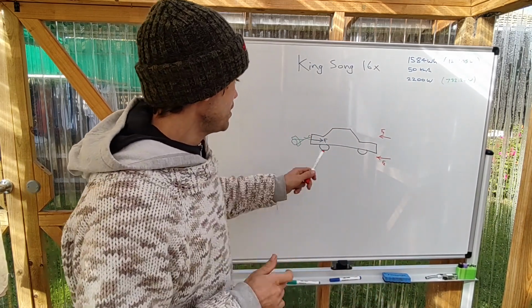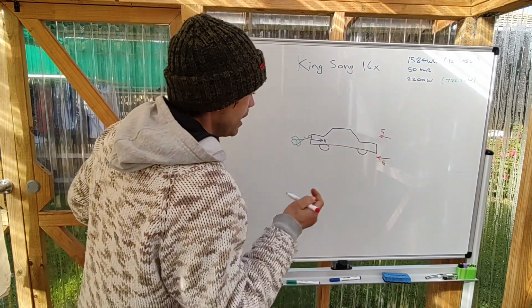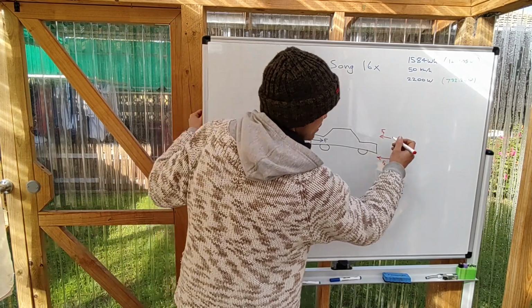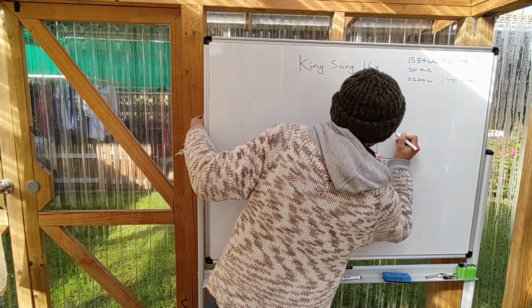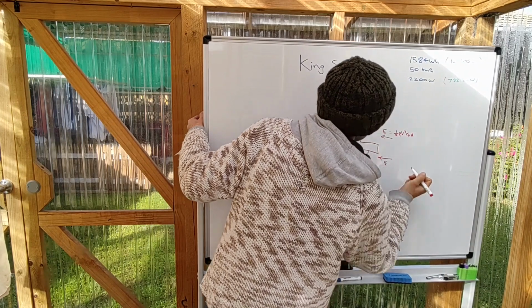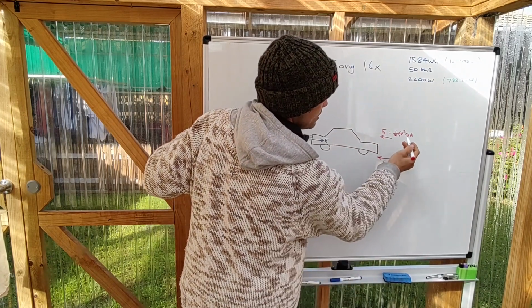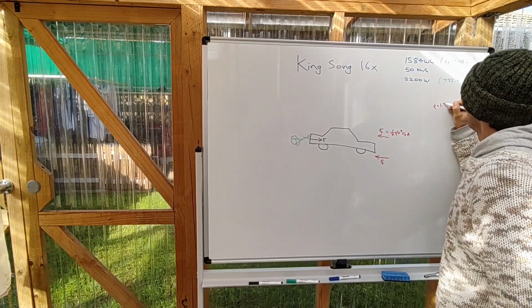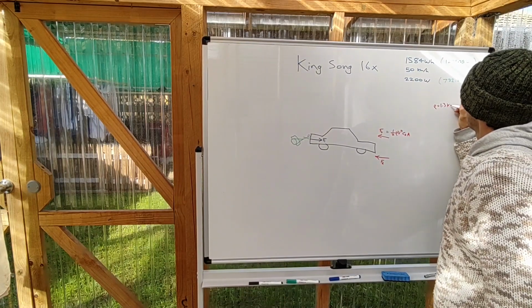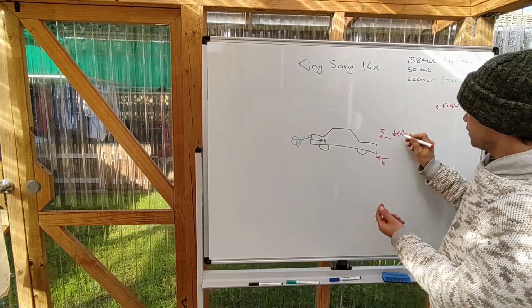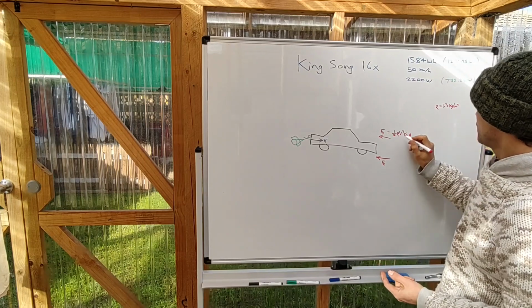Okay, so those are our two resistive forces, and we know that the aerodynamic load, the equation for that is simply half of rho v squared CdA, where rho is your air density. So I'll just write that here. Rho equals 1.3 kilograms per cubic meter. That's your air density. V is your velocity, so that's what we're going to try and find.